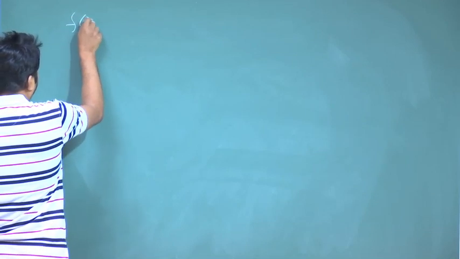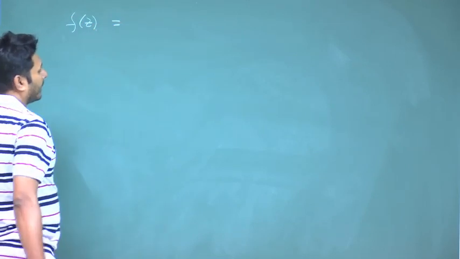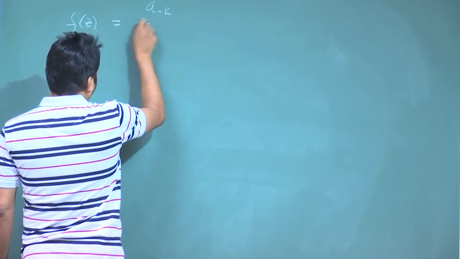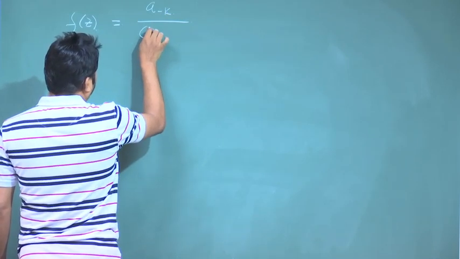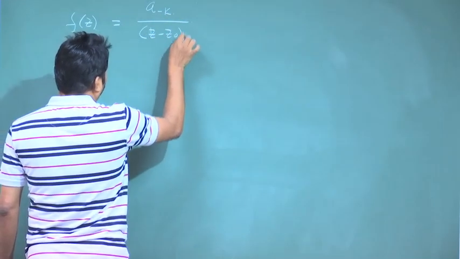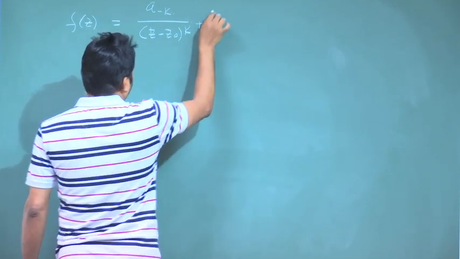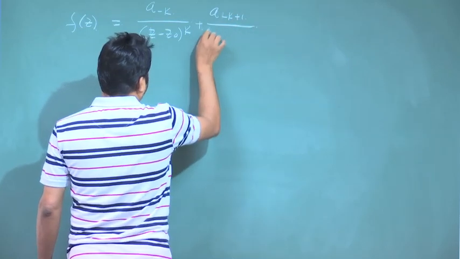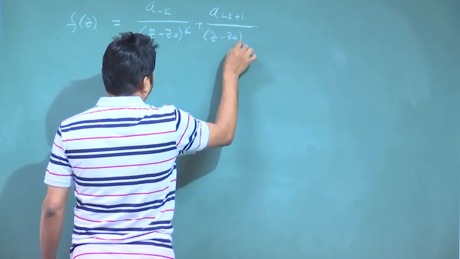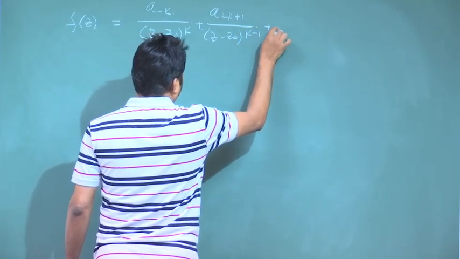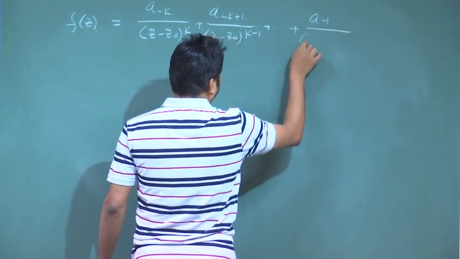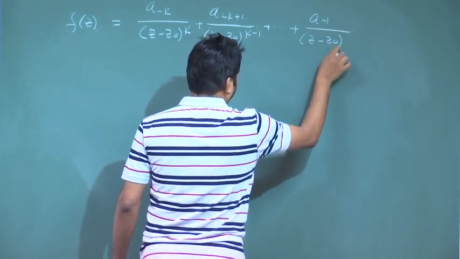If the function has a singularity of order k, then f(z) has to be represented in this particular form: a minus k over (z minus z0) to the power of k, plus a minus k plus 1 over (z minus z0) to the power k minus 1, and so on, plus a minus 1 over (z minus z0).